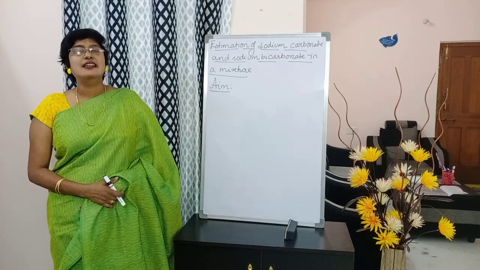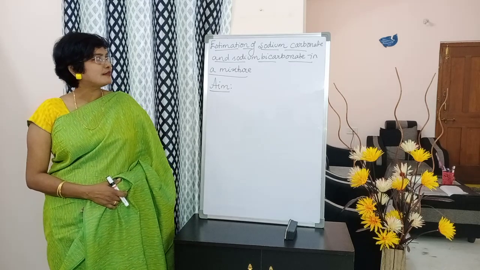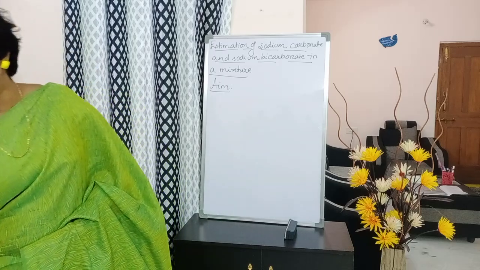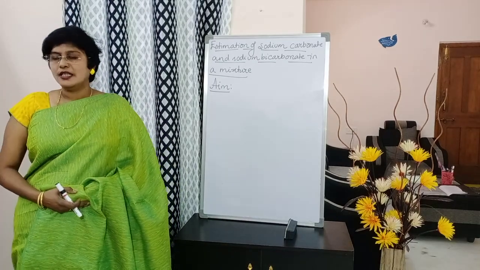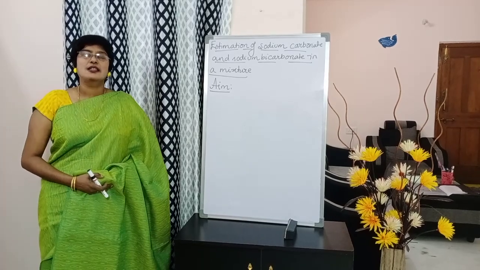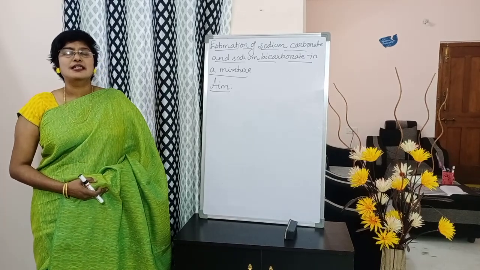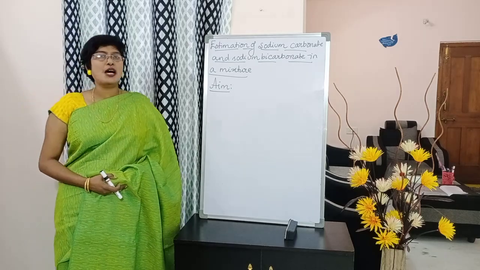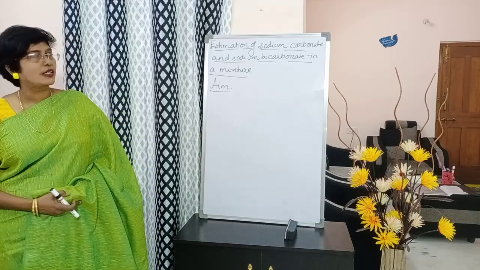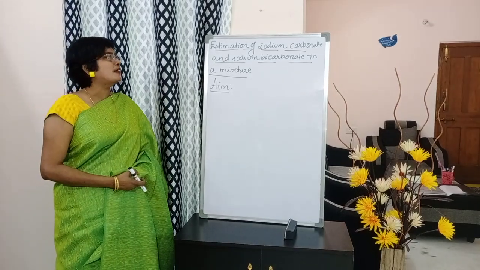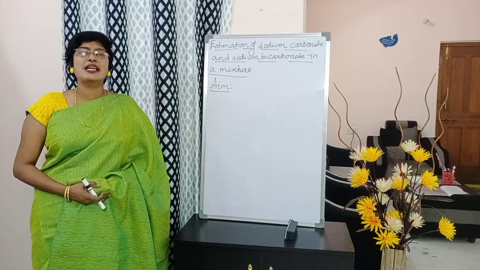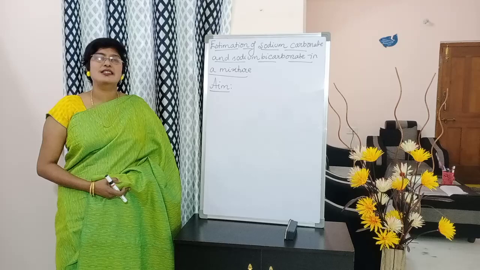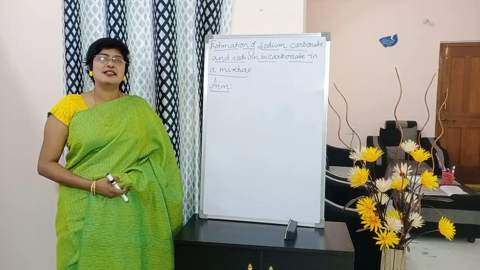Put the side heading Aim. Write down: to estimate the amount of carbonate and bicarbonate in the given mixture.